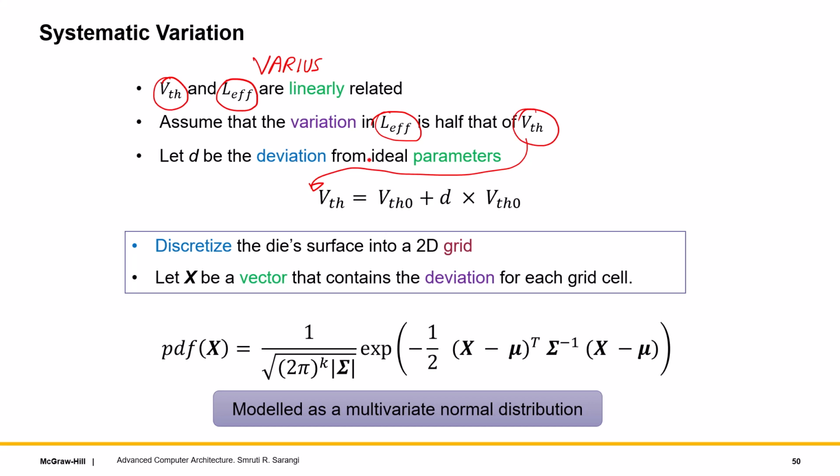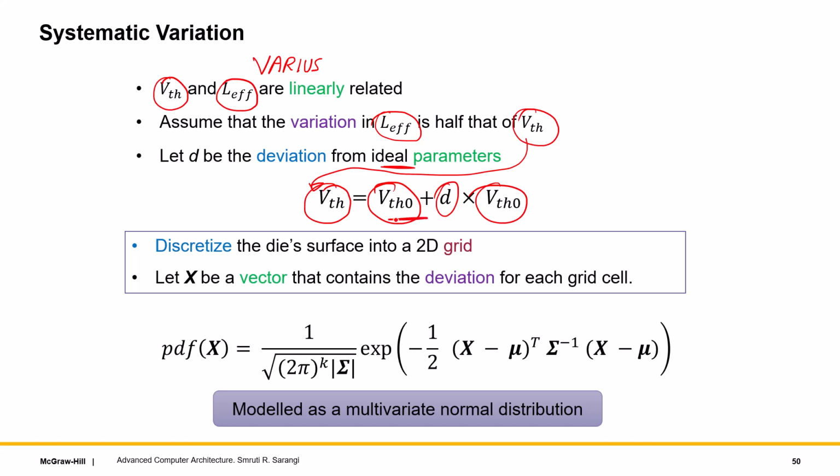So from the ideal parameters, let D be the deviation. The VTH will be VTH 0 plus some deviation into VTH 0, right? We'll see what this deviation is in a second. But the key idea is that the threshold voltage at any point of time, let's say that D corresponds to change in temperature, would be some constant into some deviation on top of VTH 0, right?